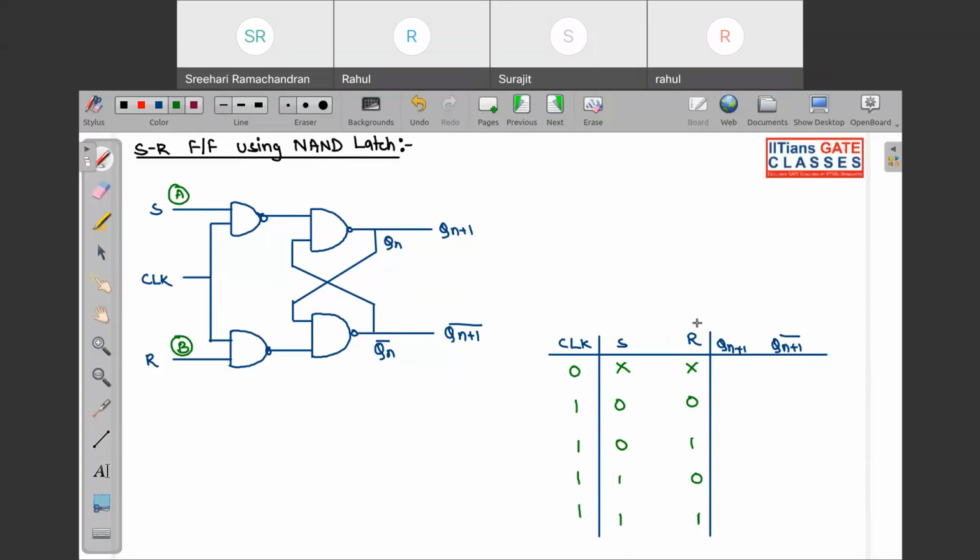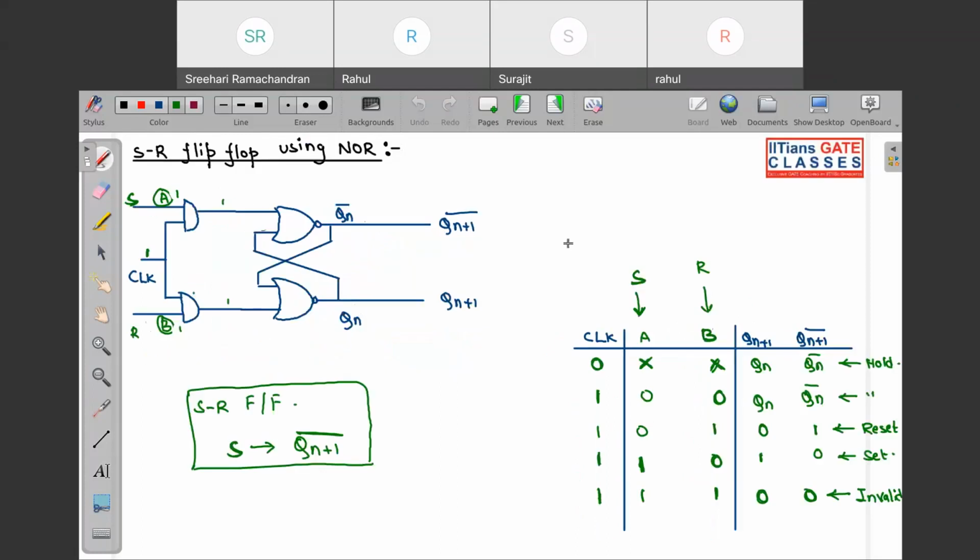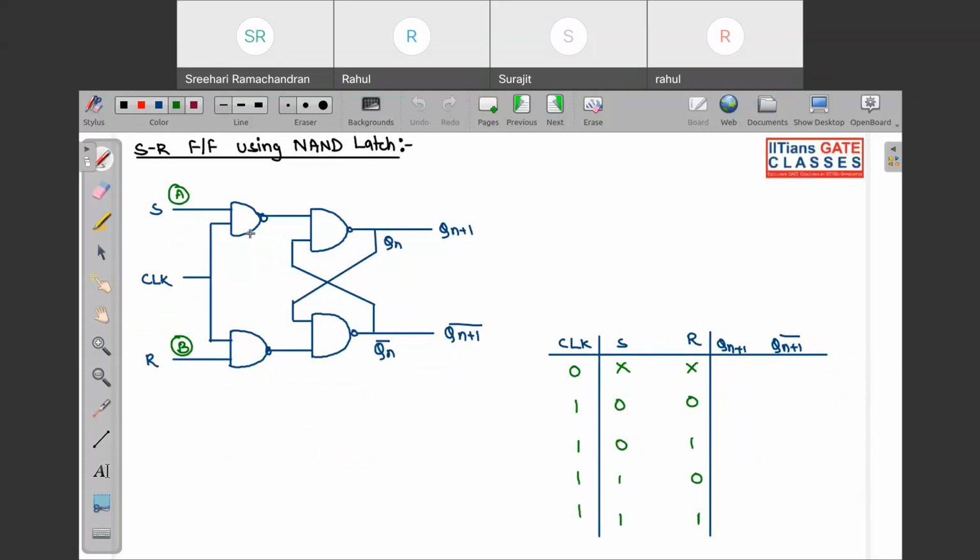So look very carefully. See, in SR flip-flop, when we used NOR, we had AND gate over here in clock. But in NAND, we have NAND only in clock.